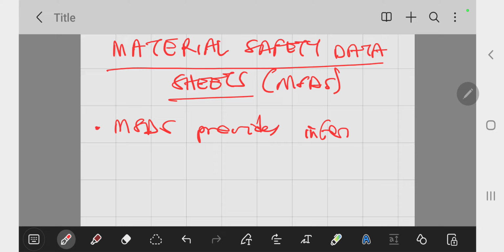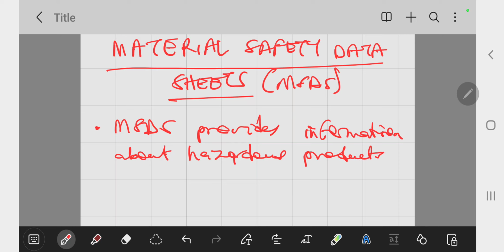information about hazardous products available in the workshop.